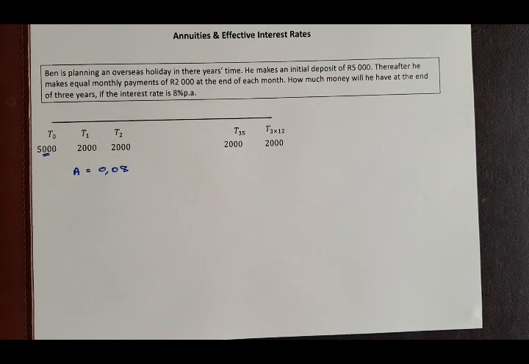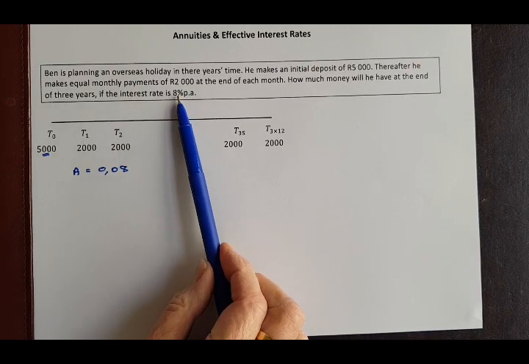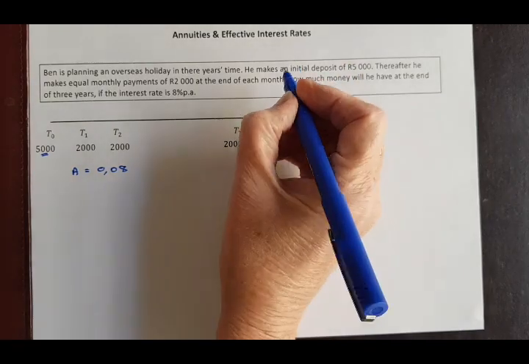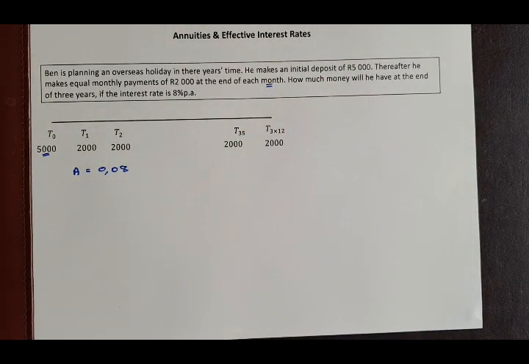0,08. But now the trick in this question is your interest rate is compounded annually and we are making monthly payments. Remember, the compounding period for your interest must be the same as your payment period.